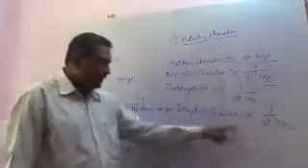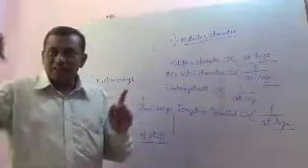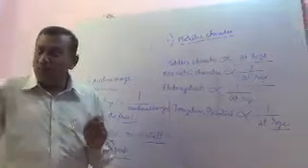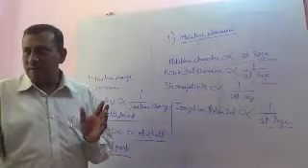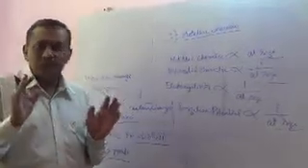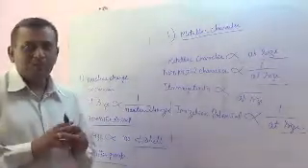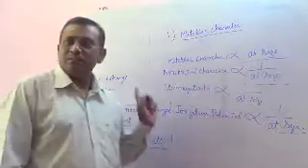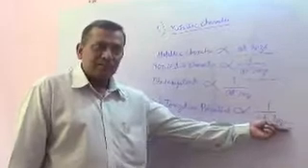Greater the atomic size, lesser the ionization potential. Because with greater atomic size, the electron in the outermost shell is very loosely bound. Are you getting it? It's a very loosely bound electron. So a very small amount of energy is required to remove it, so ionization potential decreases. Greater the atomic size, lesser the energy required to remove the electron.